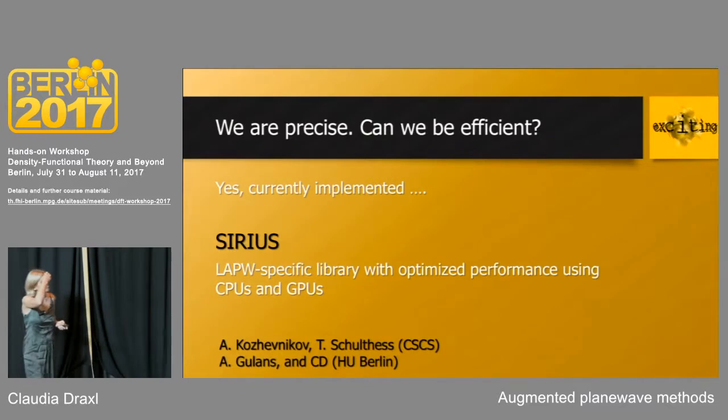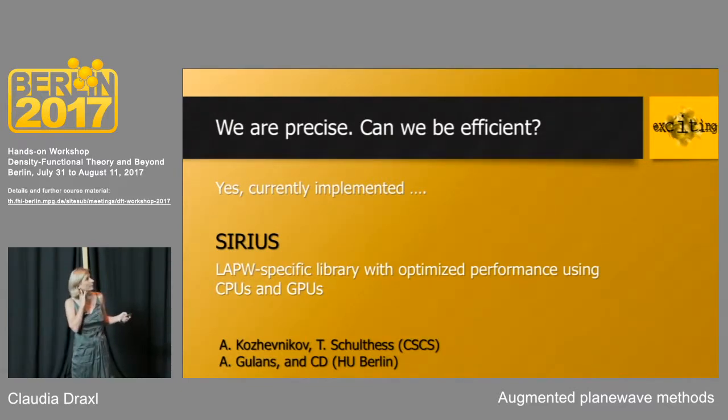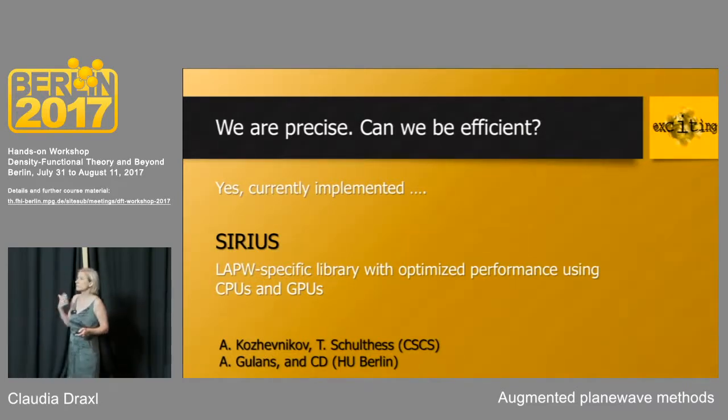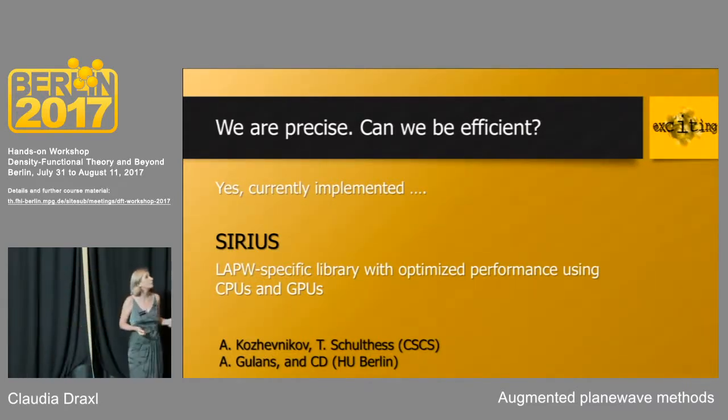So yes, we have been working together with people from the Swiss Computing Center, Anton Kozhevnikov and Thomas Schulthess, on a LAPW-specific library, which is speeding up most of the processes and giving optimized performance using different computer architectures.